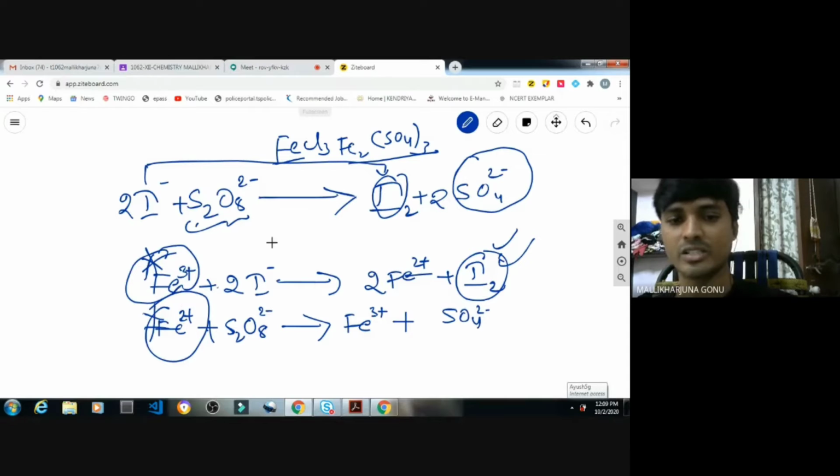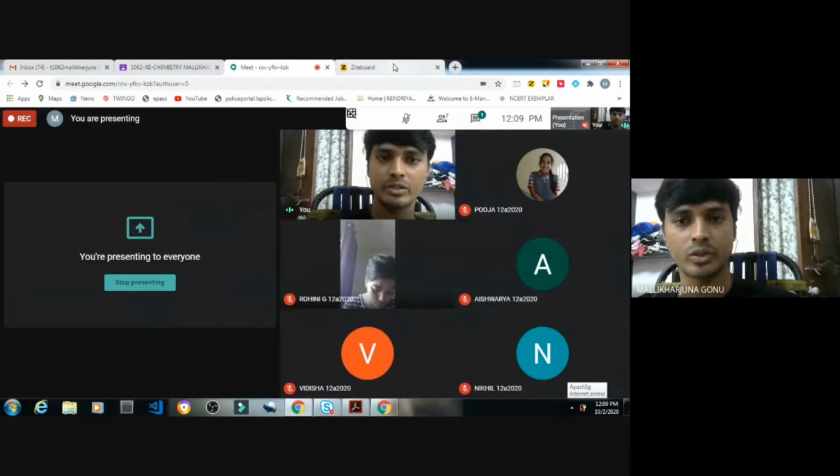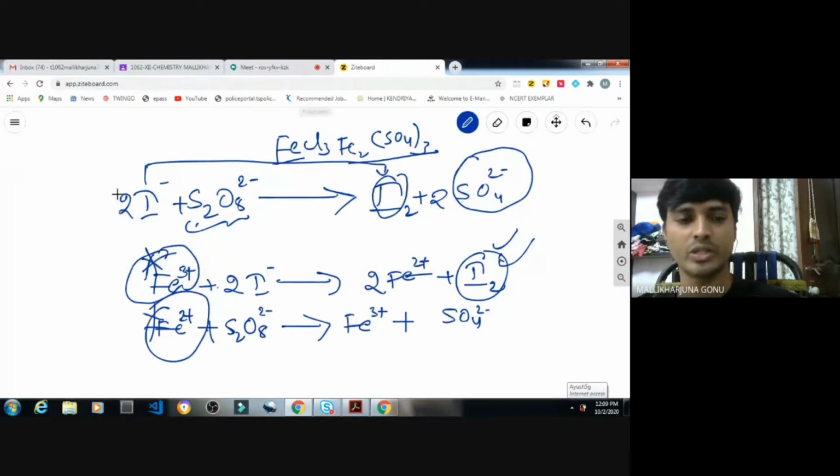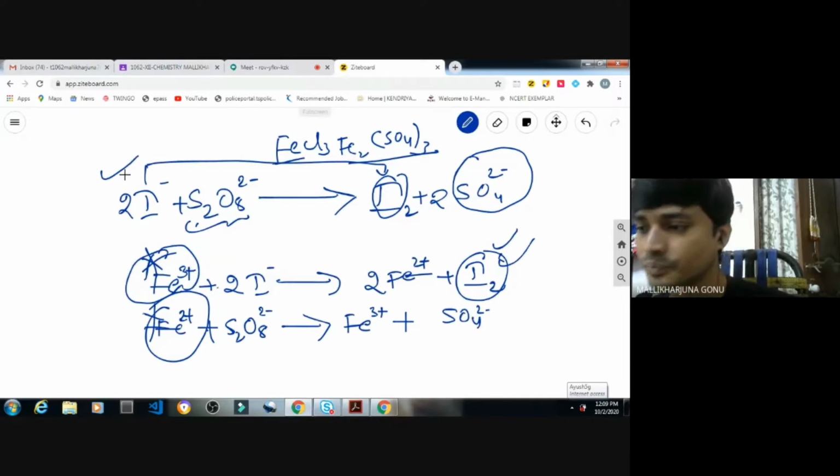Write this reaction down, it is given in your textbook under catalytic properties. All of you have to write it. Have you written it, or do you want me to show? First write this reaction.